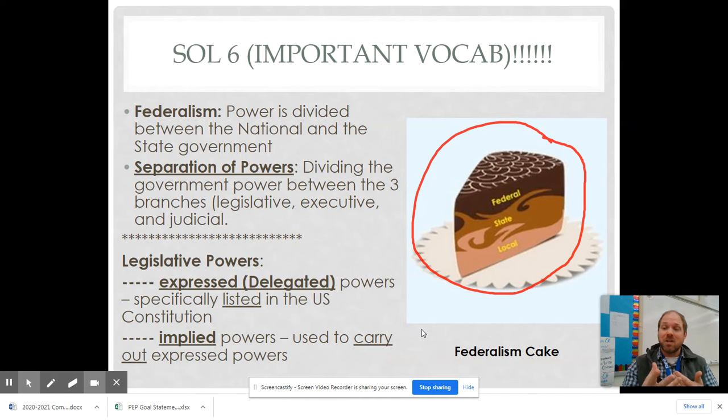So the creation of the post office would be an express power, while the federal government raising the price of stamps, that's not in the Constitution, so that would be an implied power. But if you operate the post office, you're going to have to be able to raise the price of stamps to pay for your workers and things like that.